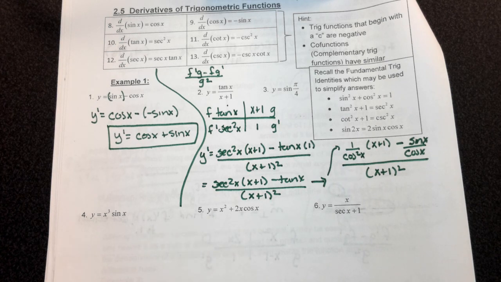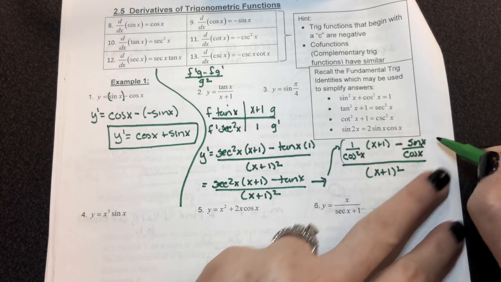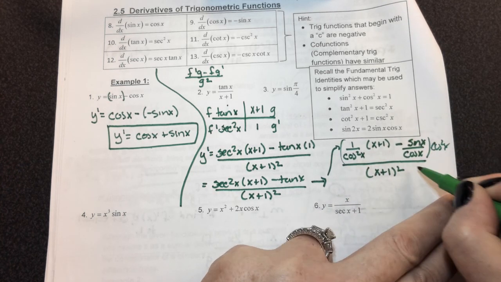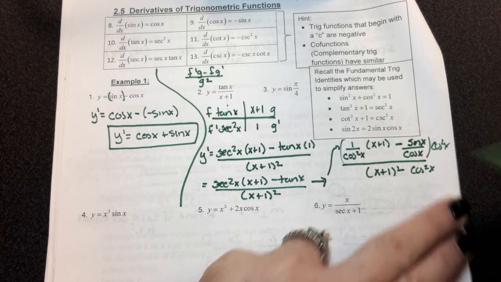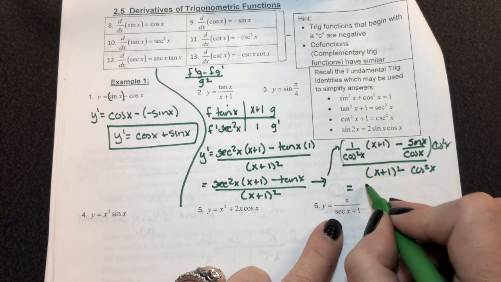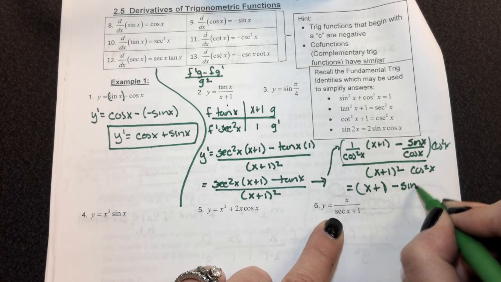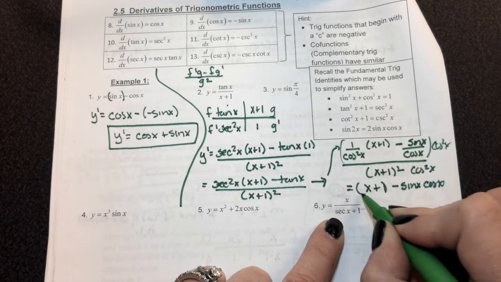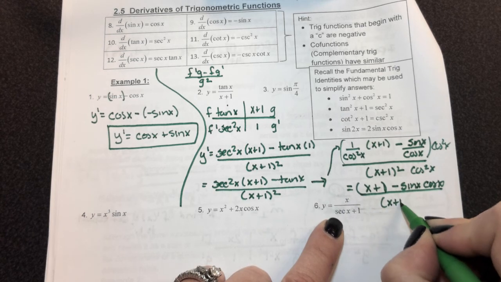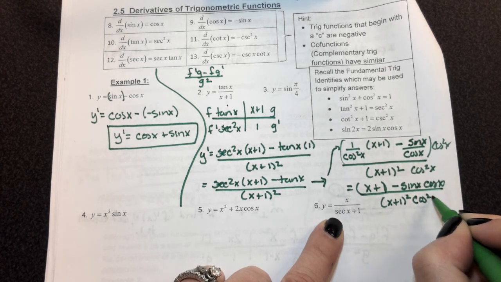What would you multiply everything by to simplify it? Cosine squared. So then I'm going to be left with x plus 1 minus sine x cosine x all over x plus 1 to the second times cosine squared x.